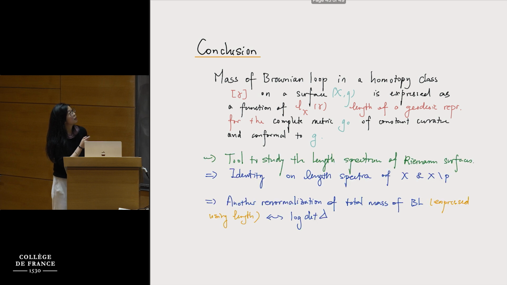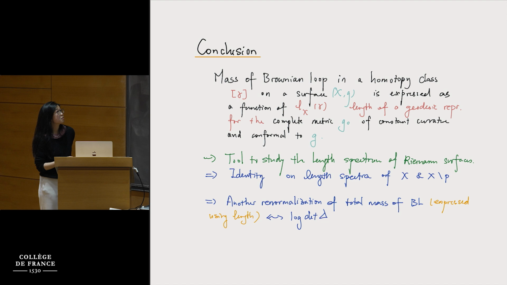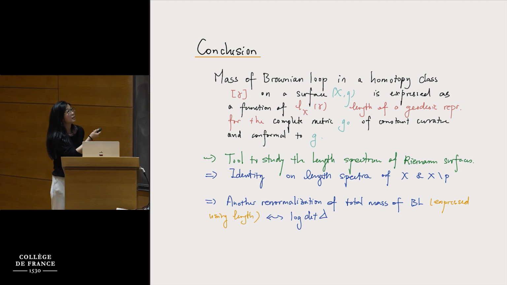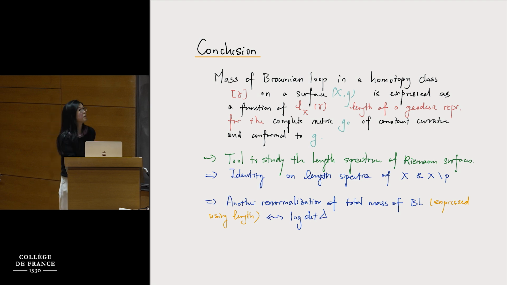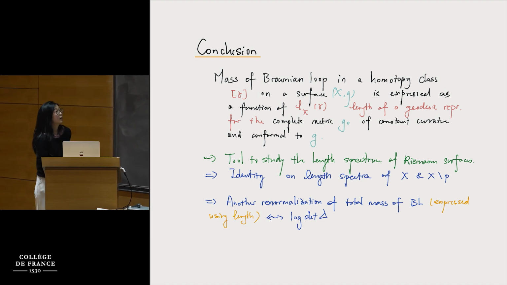And this allows us to study the length spectra of Riemann surfaces. One application that I told you is that we can relate the surface with additional punctures. And we also obtain some other renormalization of the total mass of Brownian loops and express it in terms of log determinants of the Laplacian. And that's it.